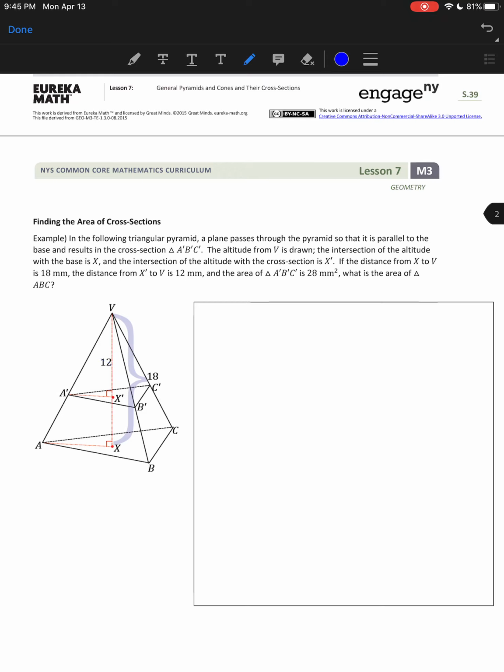So let's take a look at the actual problem now. It says, in the following triangular pyramid, a plane passes through the pyramid so that it is parallel to the base and results in cross-section A prime, B prime, C prime. So again, it's saying that this triangle up here is parallel to the one down here.